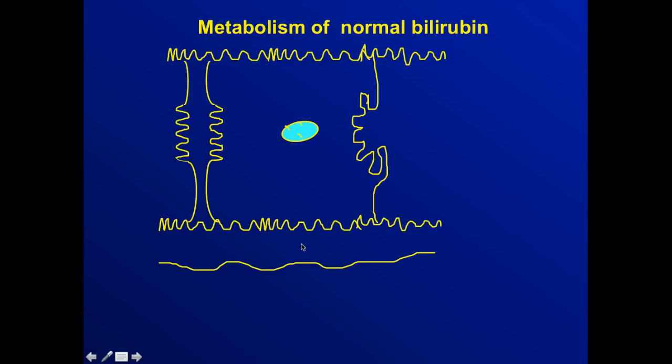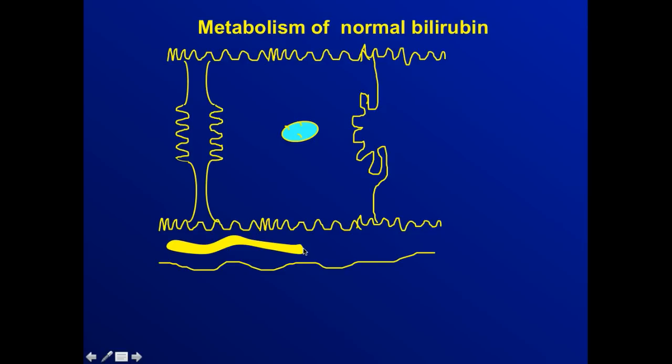Now we're going to go through a summary of the metabolism of bilirubin, normal as well as pathological. Let's look at this animation. In normal metabolism, this is the unconjugated bilirubin, a result of normal catabolism of red blood cells.